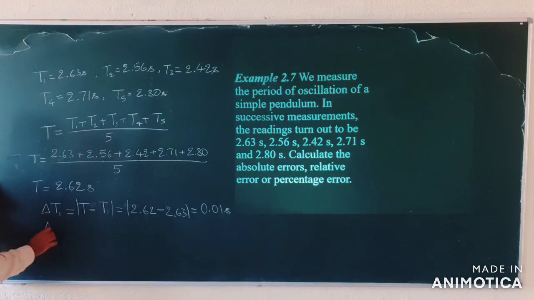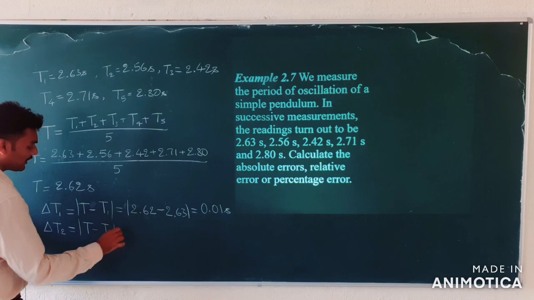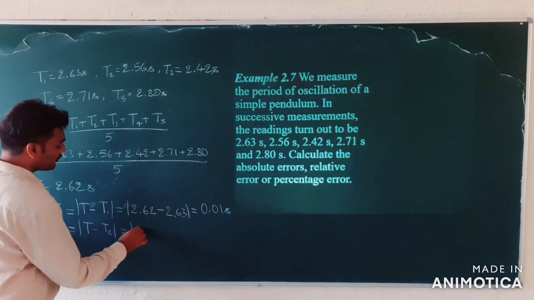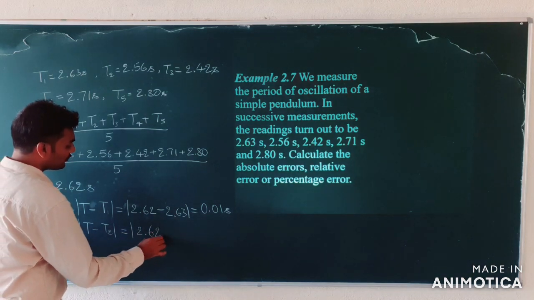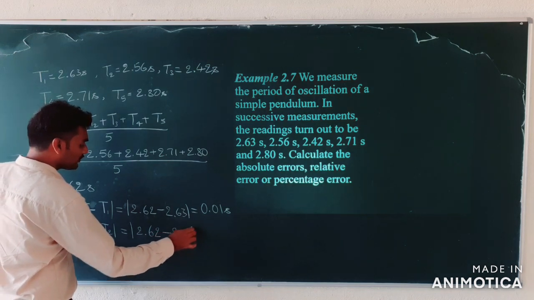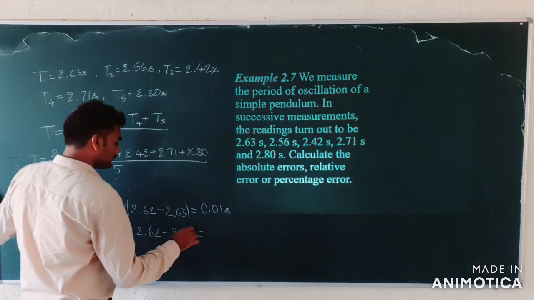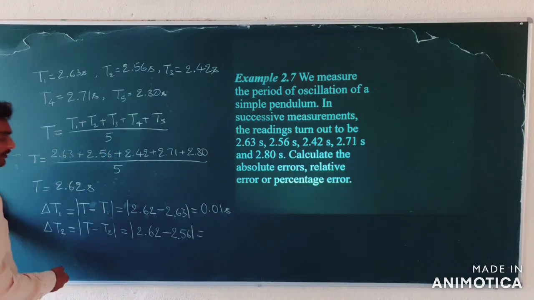Similarly, if I solve for the second measurement, delta T2 is equal to T minus T2, which is equal to 2.62 minus 2.56. Take the magnitude of that, so take the difference.